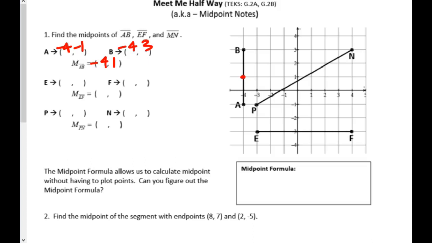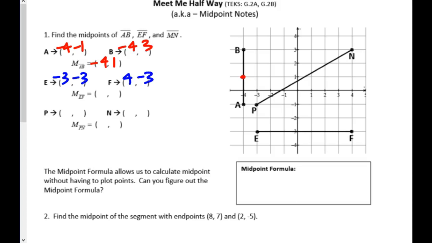Let's try the next one. E. What are the coordinates of E? -3 to the left, -3 down. Okay, -3, -3. What about F? Okay, goes 4 to the right, so it's +4, down 3, so 4, -3. And now I want to find the midpoint.